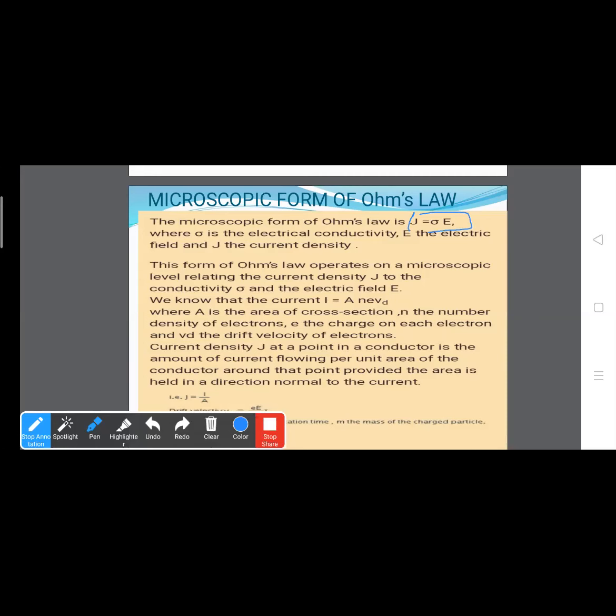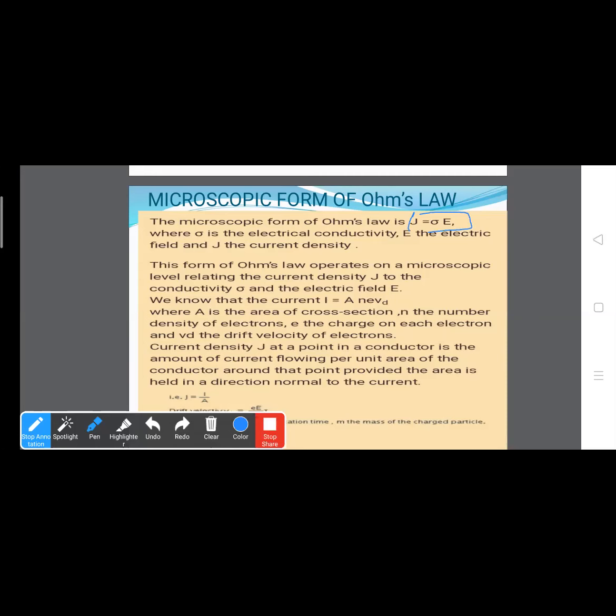Clear? So now the microscopic form of Ohm's law. This form of Ohm's law operates on a microscopic level. Microscopic level means it deals with the atomic and molecular level. Clear?